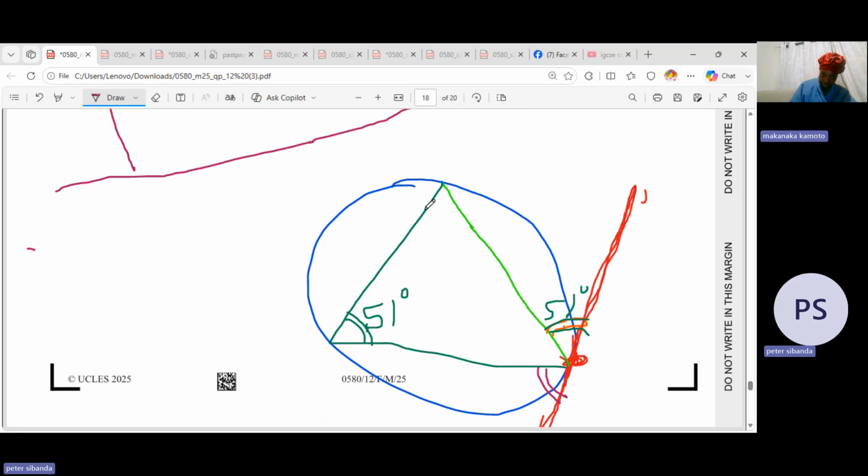And yes, there it is, an angle subtended by this chord we are talking about right now, which made this angle with the tangent. It's going to be equal to that one. Okay?